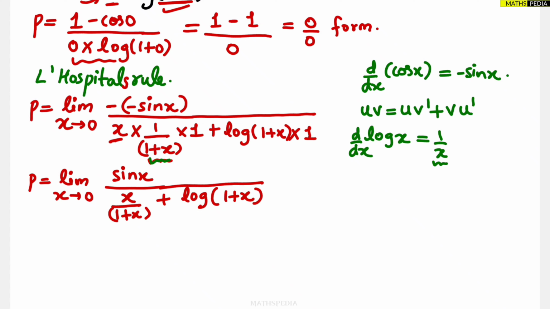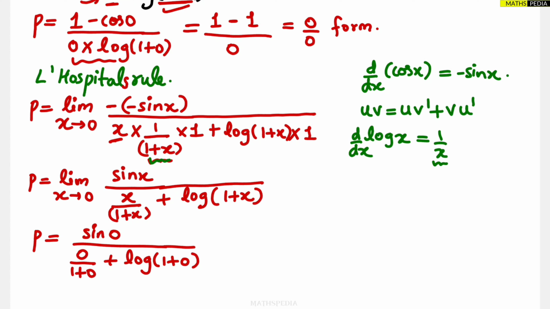Now we'll apply the limit. While applying the limit, we remove the limit and put the value of x as 0. So sin 0, 0 by 1 plus 0, plus log of 1 plus 0. What is the sin 0 value? 0. Then 0 plus log of 1, and as we know log 1 value is 0.